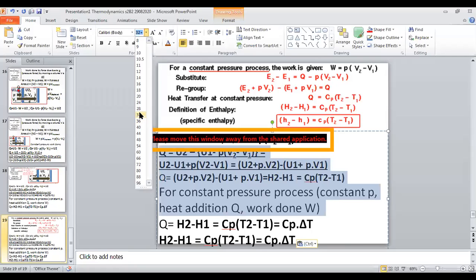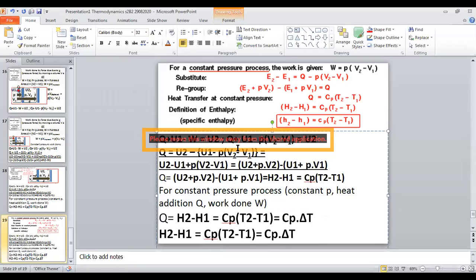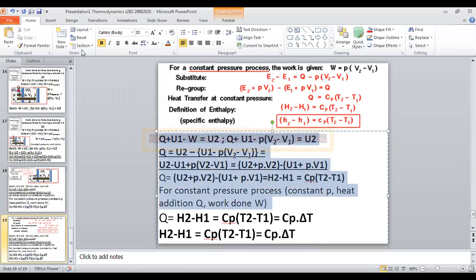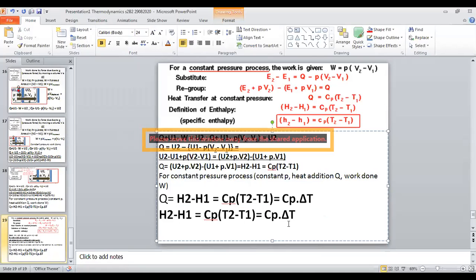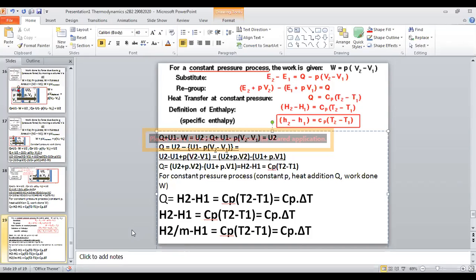So this is H2 minus H1 is Cp delta T. Let me make it some more smaller. And for unit mass, you can say H2 by m minus H1 by m.